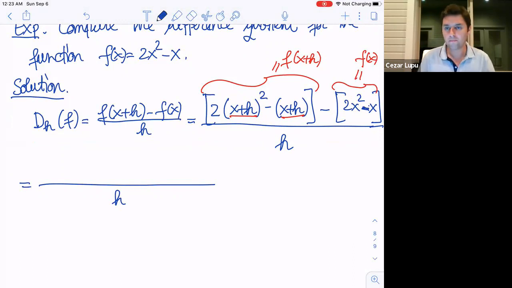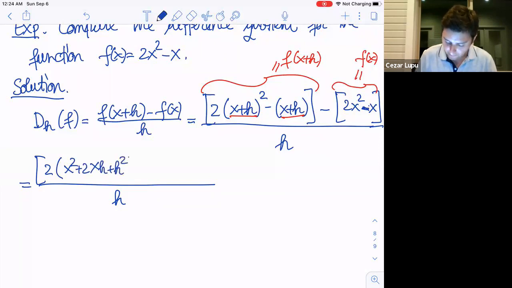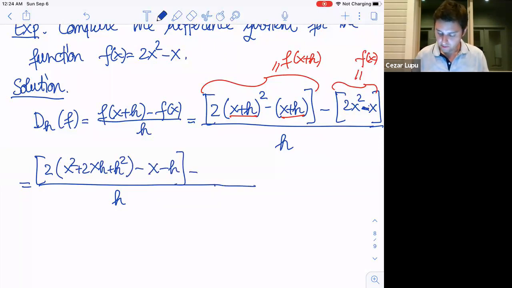Well, we have plenty of options here, but I'm just going to do it in the safe way, where I'm just going to expand everything. So it will be a little bit of work, but we can do this. Let's work on the first parentheses. So this would be 2 times x squared plus 2xh plus h squared, minus x minus h minus, and now let's change the sign, negative 2x squared plus x.